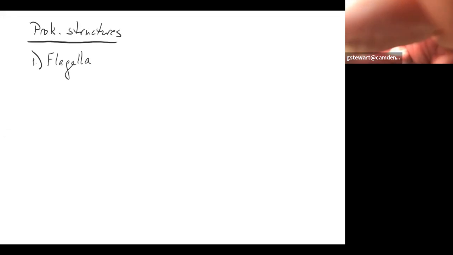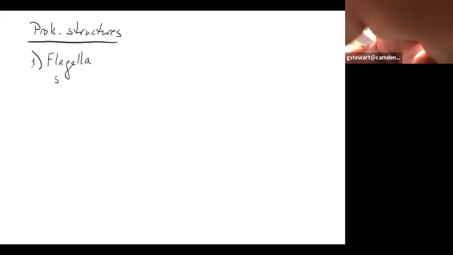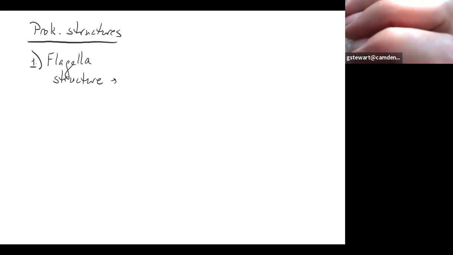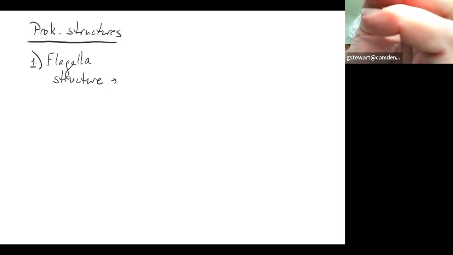Okay, the structure of flagella is very different in bacteria than it is in eukaryotes. It has 3 major parts. We refer to them as the basal body, the hook, and the filament.